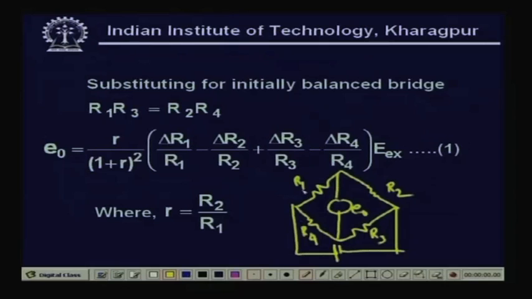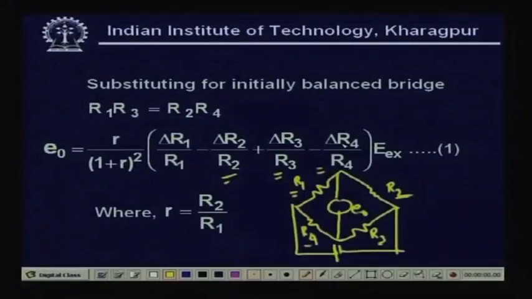If R1 is our strain gauge and R2, R3, R4 are fixed resistances, then all these terms, that means delta R2 by R2, delta R3 by R3, delta R4 by R4, will all be 0. So, our output will be E0 equal to delta R1 by R1 multiplied by 1 by 4 into E_ex. So, you can see that if I use 4 gauges, I can make the sensitivity almost 4 times. You will find that this is very much true.